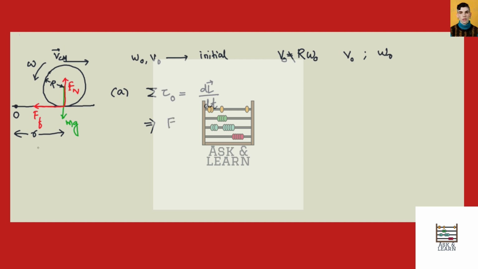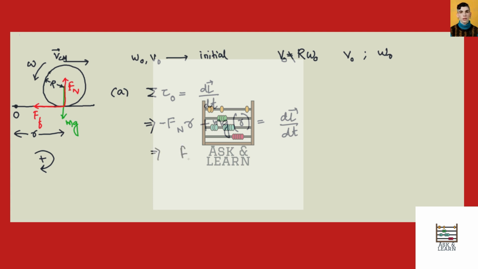Now if you take clockwise torques to be positive, then we have Fn giving a counterclockwise torque, therefore a negative sign, and the distance is r, and we have mg giving a clockwise torque and the distance is r as well. The distance r is the perpendicular distance of either force from O, and that is equal to dL over dt, which is the right side that we wrote.